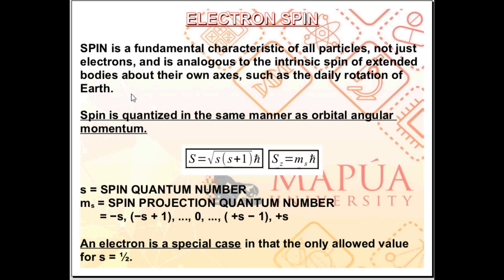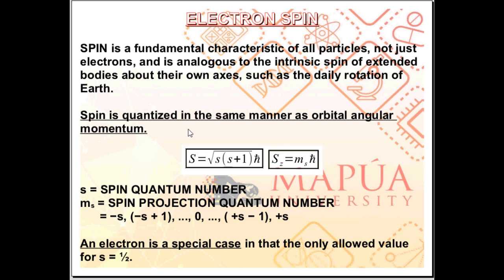And just like, say, the Earth rotating on its axis as it moves around the sun, in the case of atoms, the electrons also spin on their axis as they move around the nucleus.